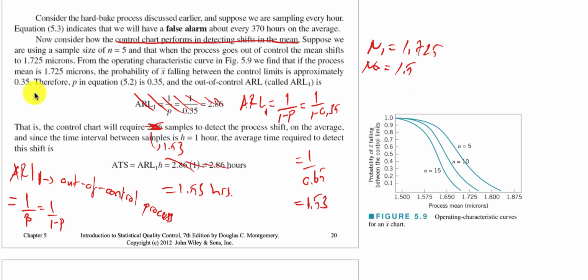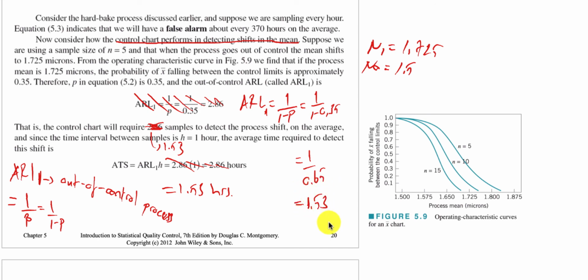We are taking this data here, the probability of falling between the control limits, it is 0.35 if the mean is shifted to that value, okay? So the average run length for out of control processes will be 1 over 1 minus p again, and p is 0.35, and it will be 1.53.